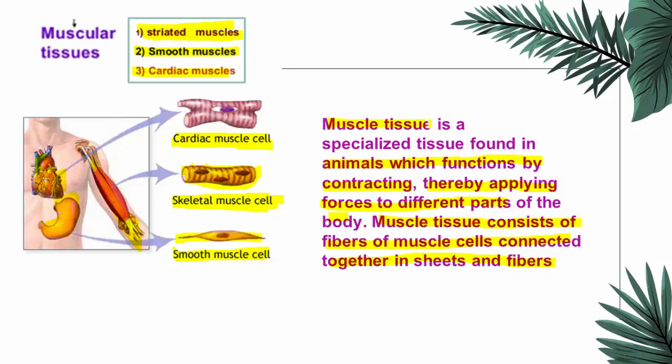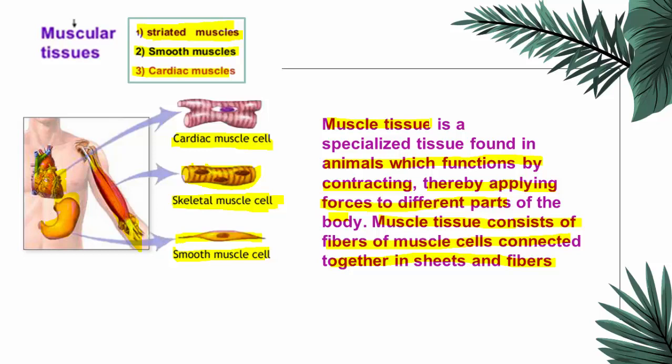What does it mean? Muscle tissues are mainly involved in functions like contracting. Muscle cells first undergo contraction. By contracting their structure, they apply force on different parts of the body so that the function is executed.